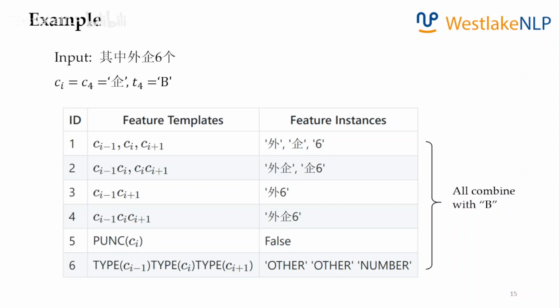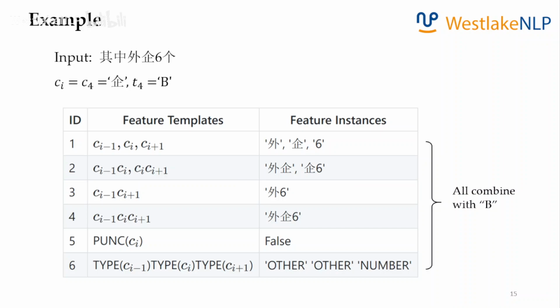And we are trying to tag the 4th character, we're trying to tag C4, and the output has C4 as B, the beginning of a new word. So given this input-output pair, and according to the feature templates, we have instantiations.